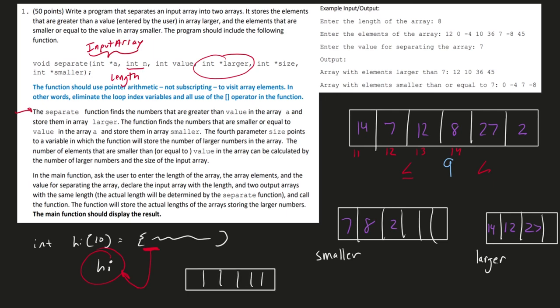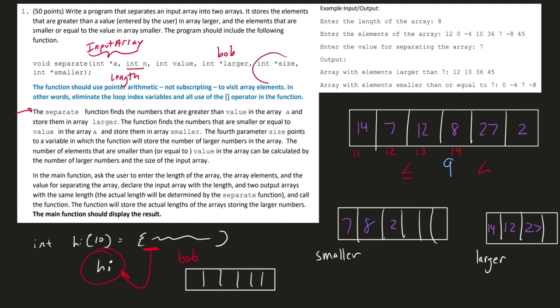And we can name this array whatever we want. But this array will be the one to hold the larger values. And we need to pass its base address as this fourth input, fourth parameter. So if this array's name was Bob, Bob would be this input right here.